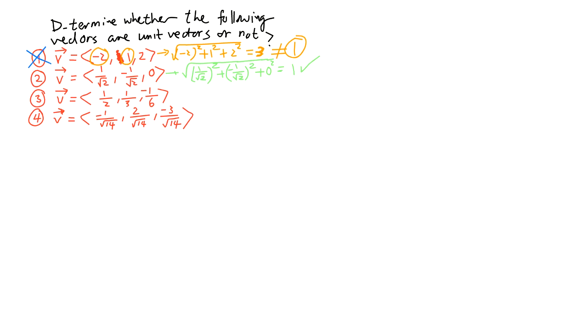So this is a unit vector. The third one, you can check that it is not a unit vector, and the fourth one is a unit.